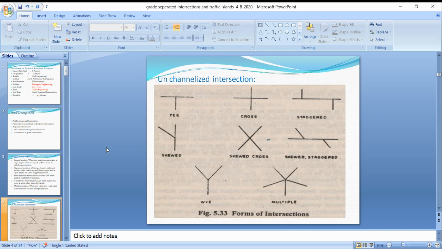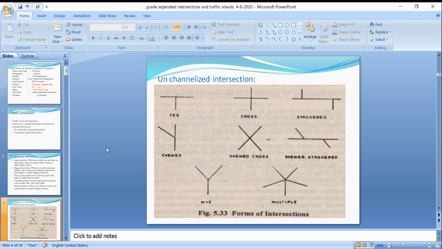Here in the line diagrams you can see the T junction. In the first row, you can observe the first is a T junction and the third one is staggered. What is the difference between the staggered and the cross? The middle is the cross, which is called a square junction or a cross junction.